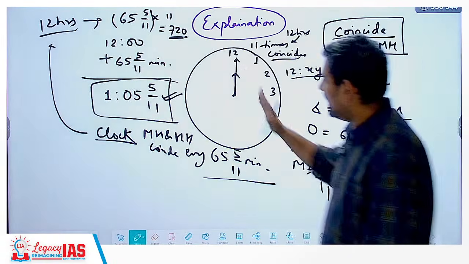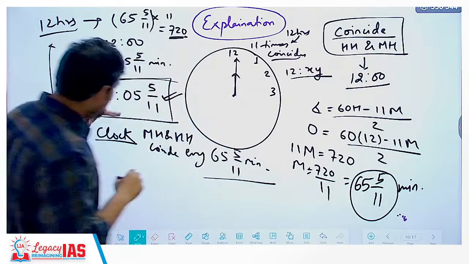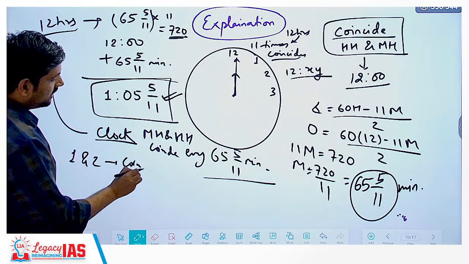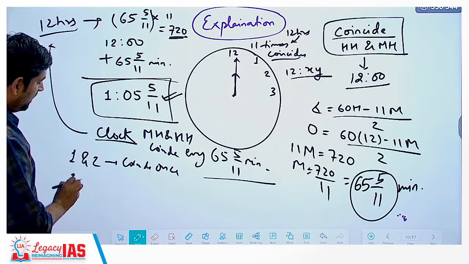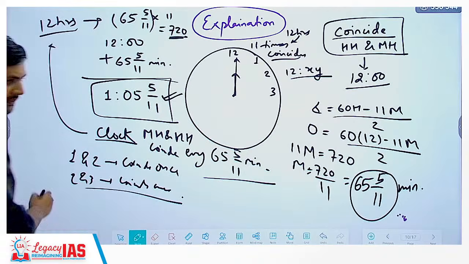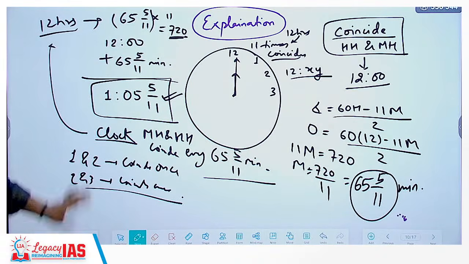So the thing is, between 1 and 2, the hands coincide once. Between 2 and 3, they again coincide once. Between 3 and 4, again once. It goes on like this.